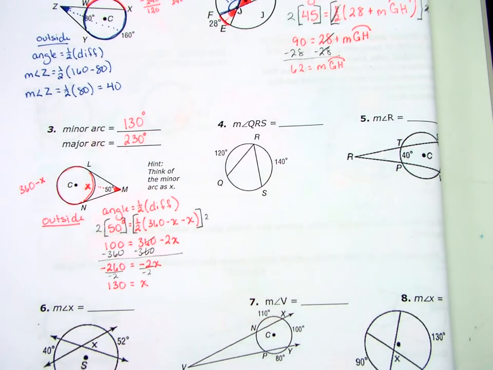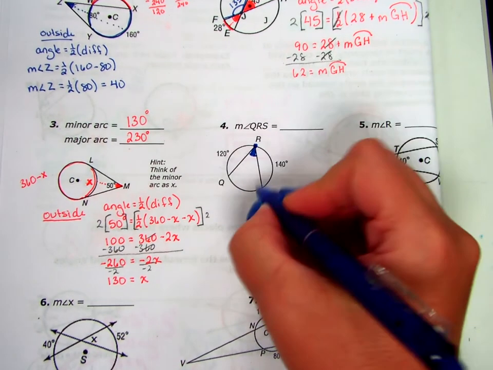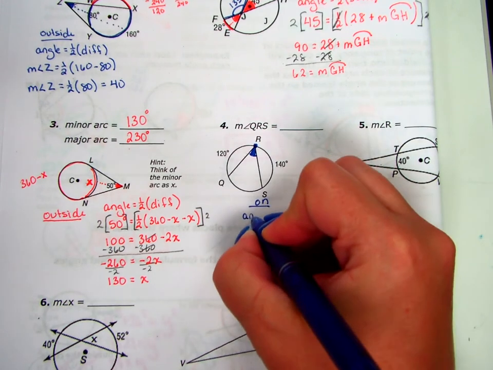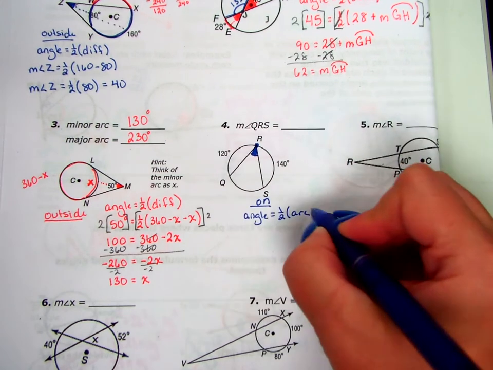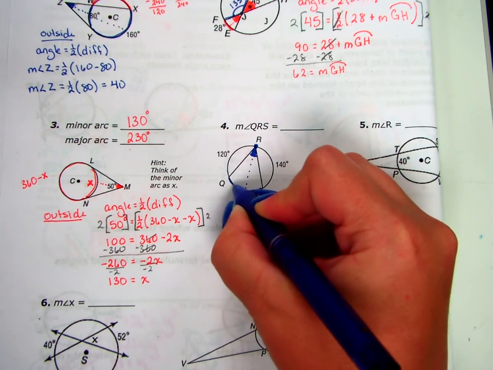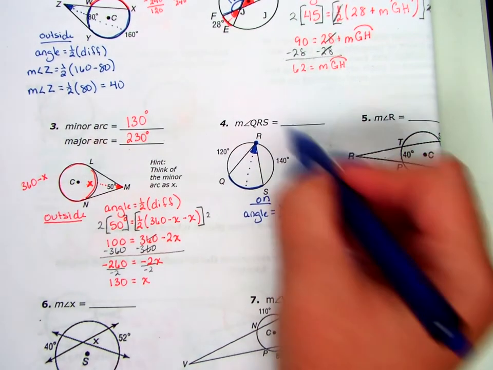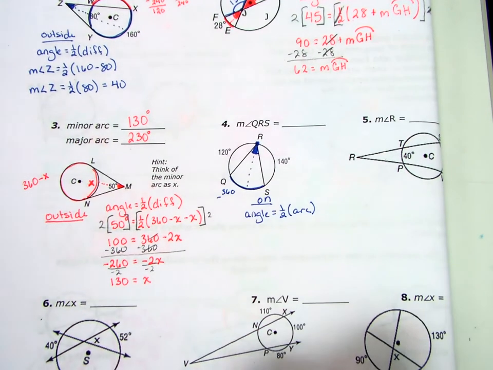Number 4, find the measure of angle QRS. Is my angle inside, outside, or on the circle? On the circle. So if it's on the circle, this we've already done before. The angle is 1/2 the arc, because there's only one intercepted arc. It's just this right here. To find that arc, I know the whole circle is 360 degrees.